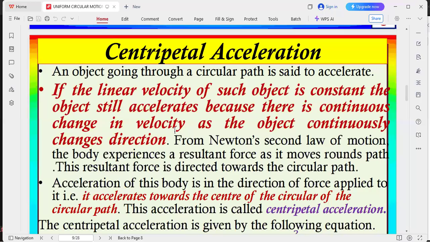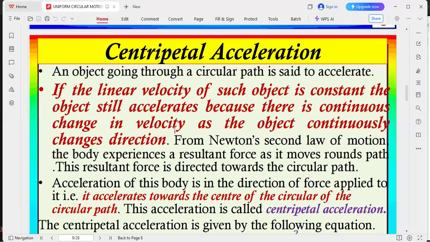But it's undergoing what we call centripetal acceleration because it's constantly changing direction. So you will find questions like, explain why a body in circular motion is said to be accelerating even when the linear velocity is constant. Then the answer should be the body is constantly changing direction.